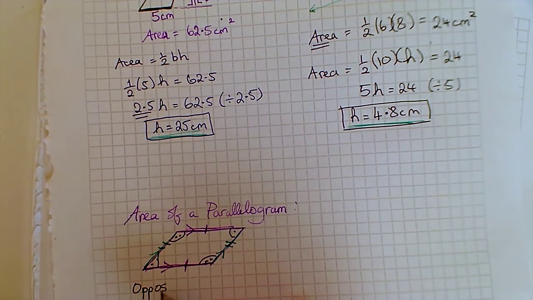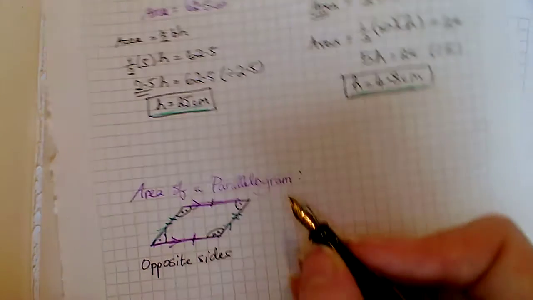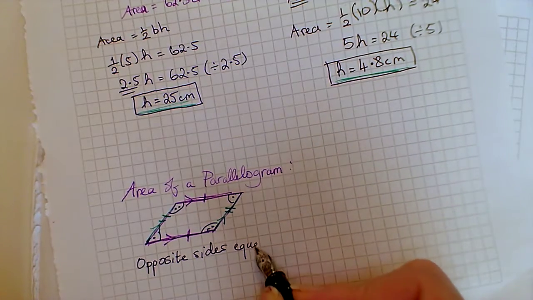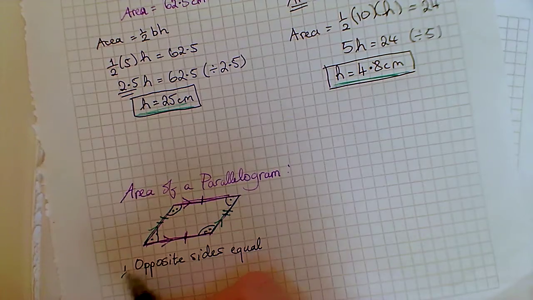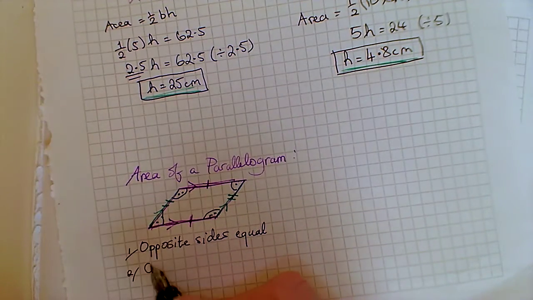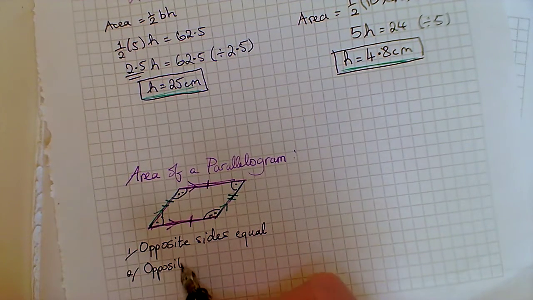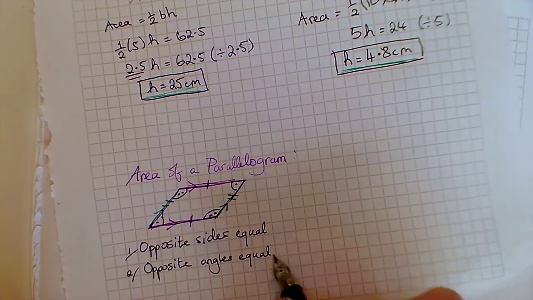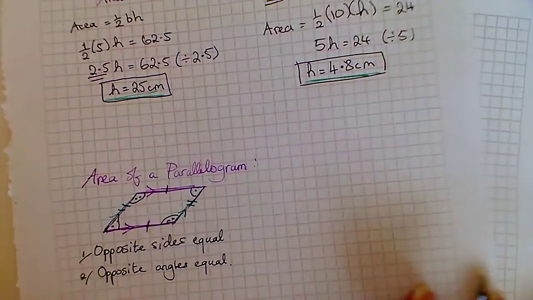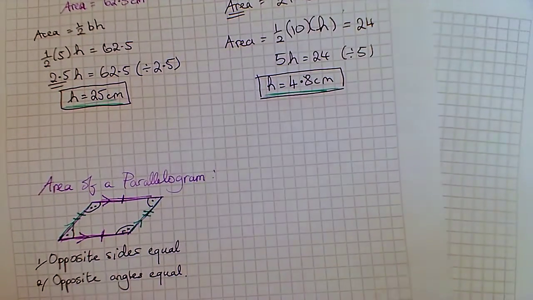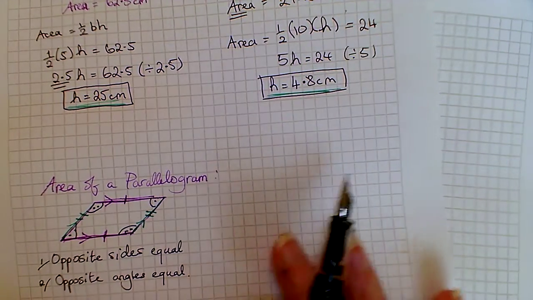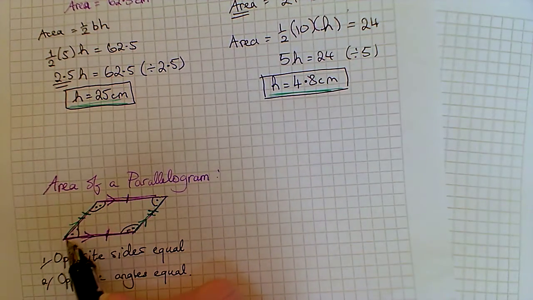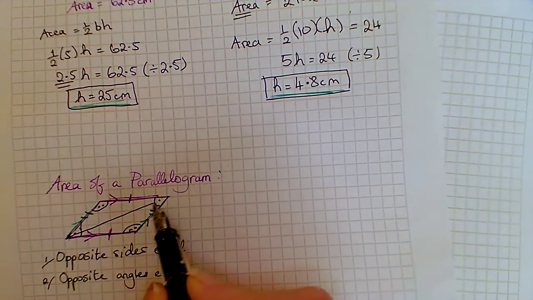Opposite sides are not only parallel, but they're equal. And opposite angles are also equal. That's a fact that we had from junior cert, but you might have forgotten it. So as I was saying, a parallelogram can be divided into two identical triangles.